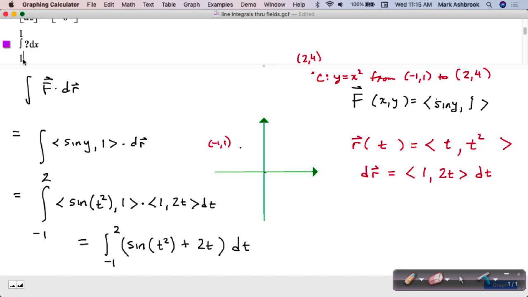So the integral from -1 to 2 of sine of t squared, better get some parentheses going here, plus 2t dt.